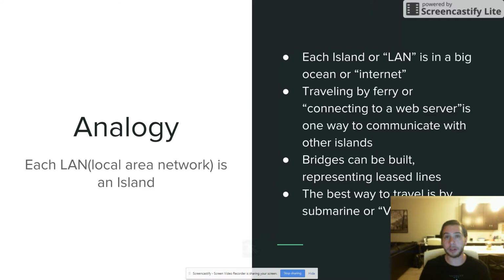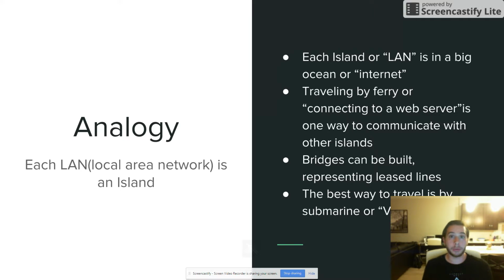There's a ferry, but there are downsides to taking a ferry. It totally exposes everything that you're doing, so anyone can see what you're up to. You can build bridges between the islands. However, those are costly, and cost more the bigger they have to be. They represent leased lines in this scenario.